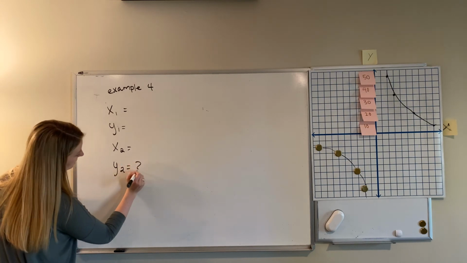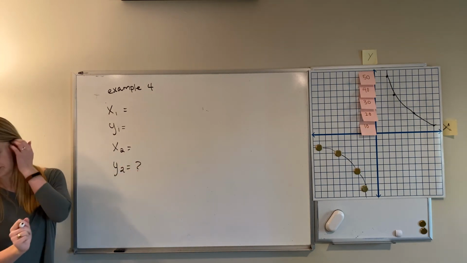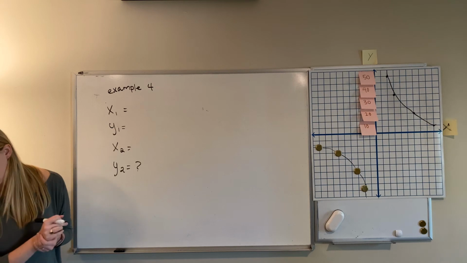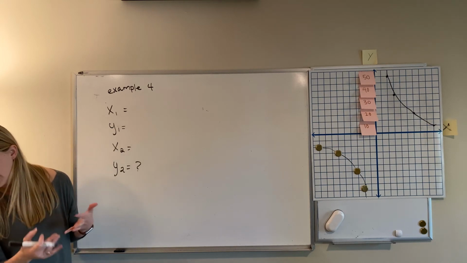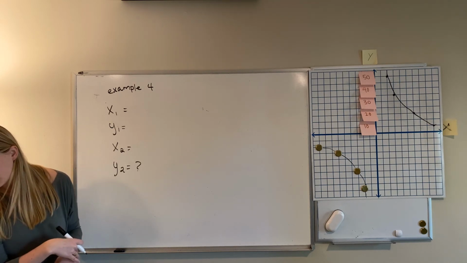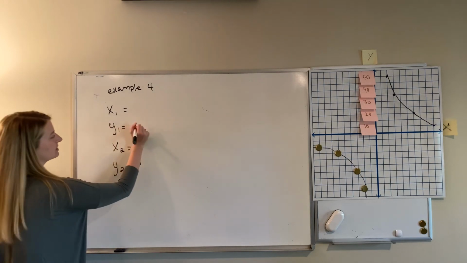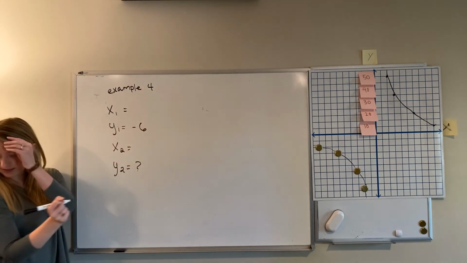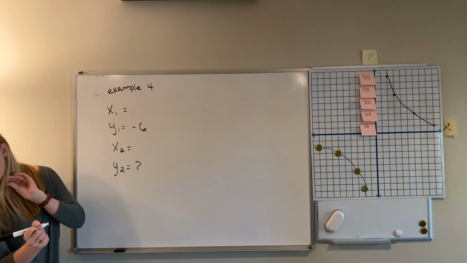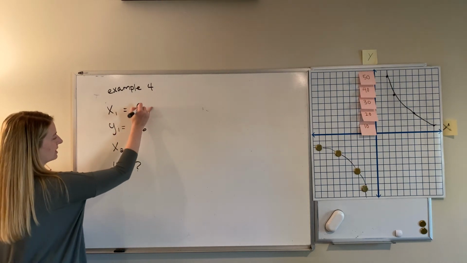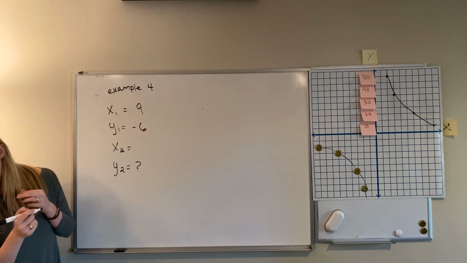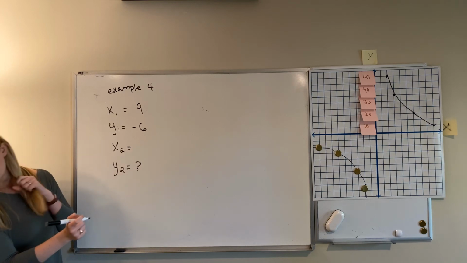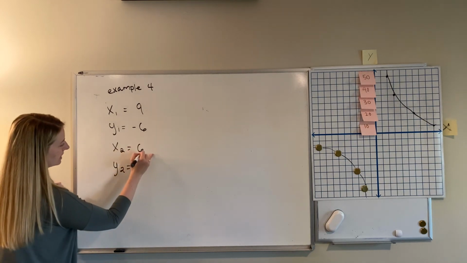And on this one, our y's are unknown value. So as they tell us, if y varies inversely as x, and y equals negative 6, so y1 is negative 6, and x is 9, so x1 is 9, find y when x is positive 6.